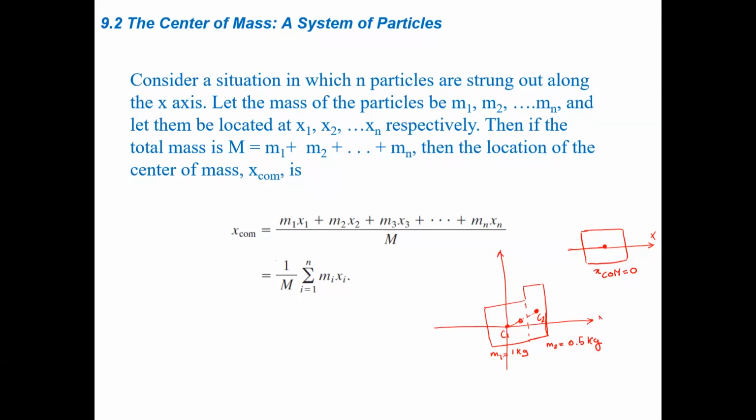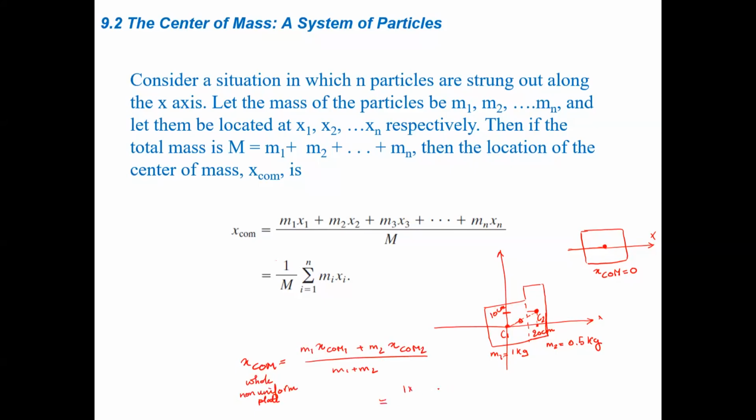So if the first center of mass is at the origin, and let's say the second one was at 20 centimeters, and its y component is at 10 centimeters, I can find the position of the center of mass of this arrangement, of this big plate, to be, according to the formula, m1 times the x of the center of mass of the first plate plus the mass of the second plate times the position of the center of mass of the second plate, divided by m1 plus m2. Substitute that, it's pretty easy.